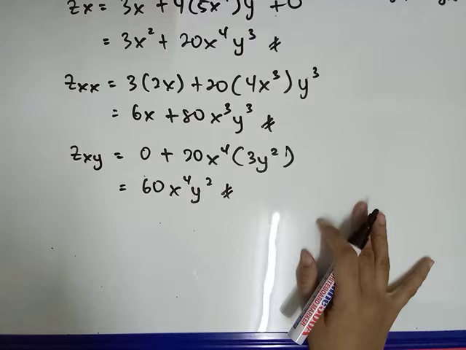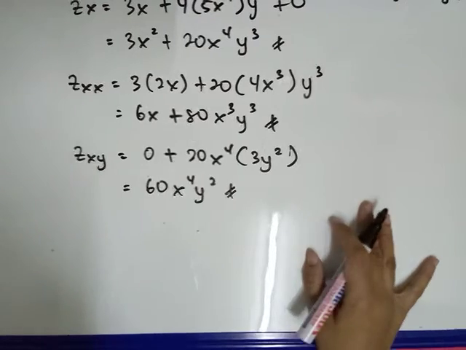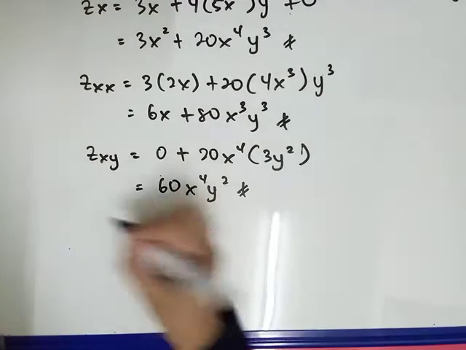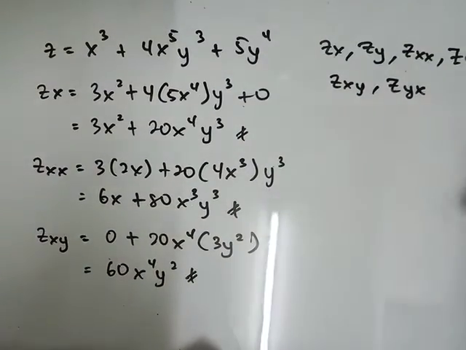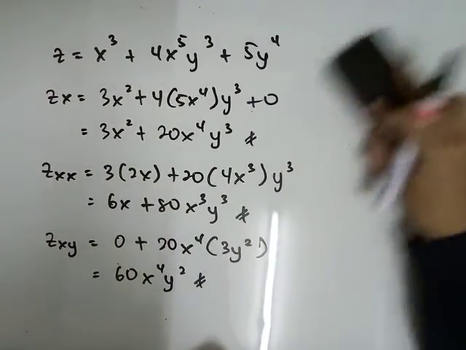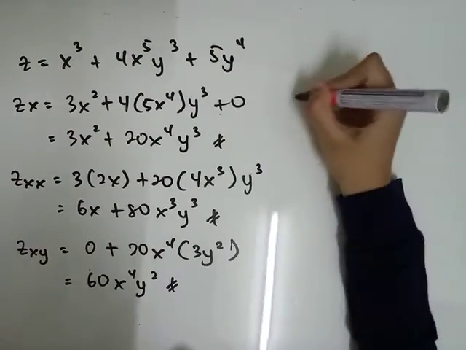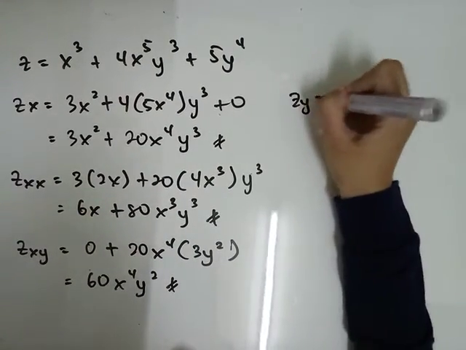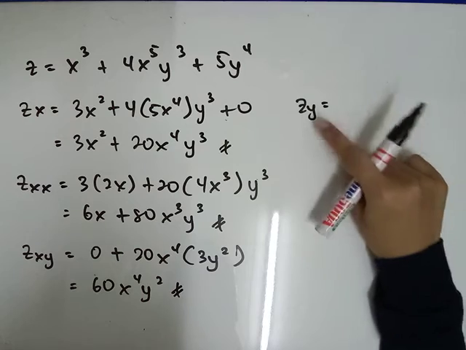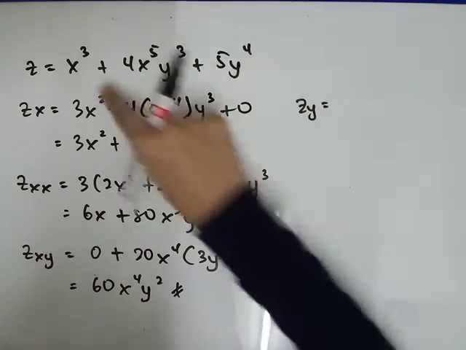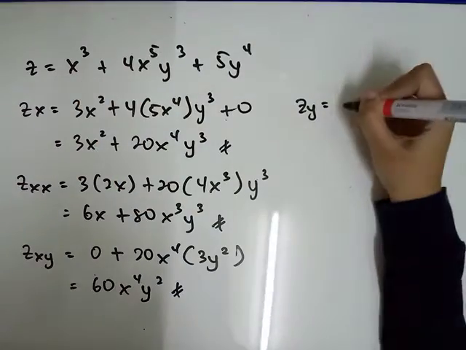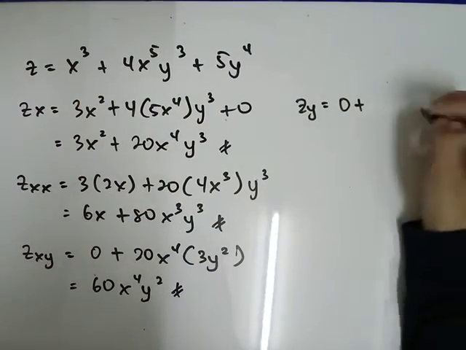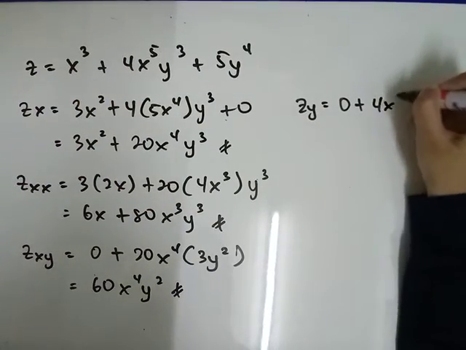Alright. What about zy? Differentiate with respect to y. So x cubed is constant. Differentiate constant, we get 0. 4x power 5 is constant.